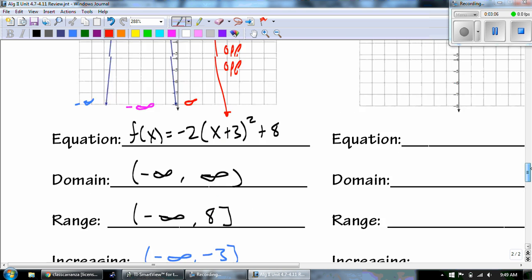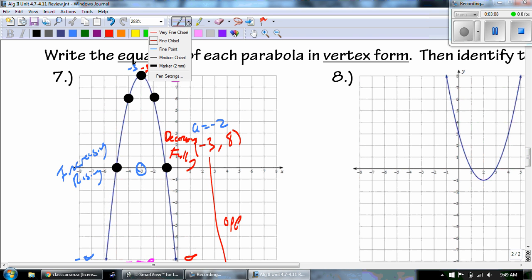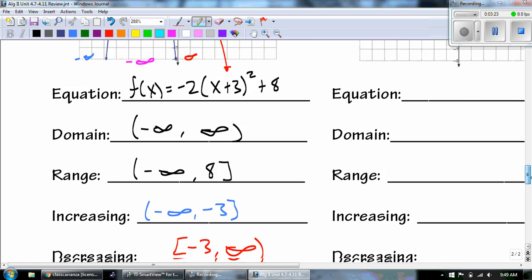Okay, and then where are we greater than 0? Sorry, you're seeing a lot of writing on here. So I'm greater than 0 from -5 to -1. Okay, that's where I'm above 0.